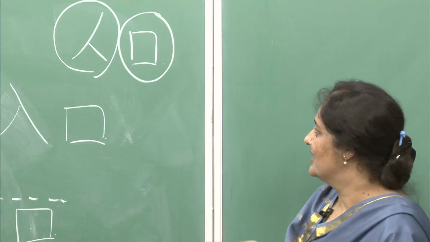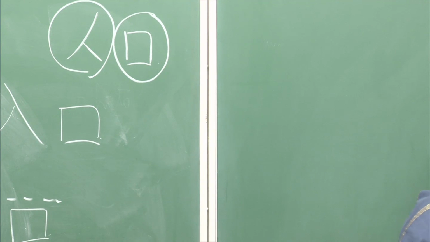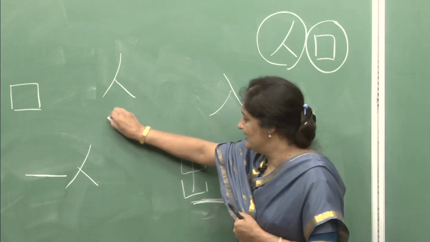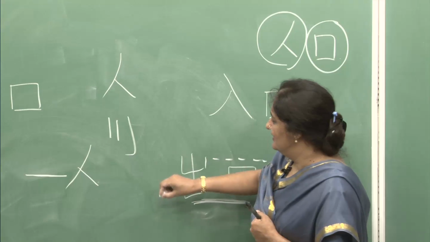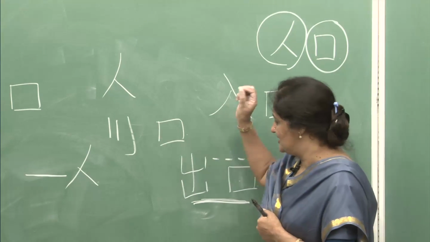So, this is how kanji is helpful. It is interesting and nice to learn as well. Another character which is given over there also is kawa, which is a river, as you already know, and again kuchi.